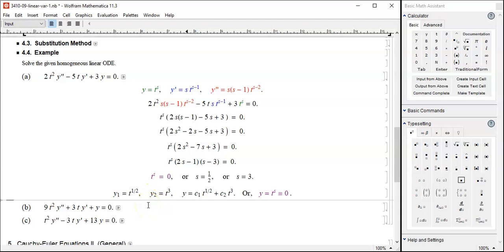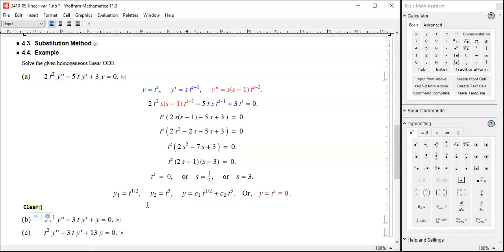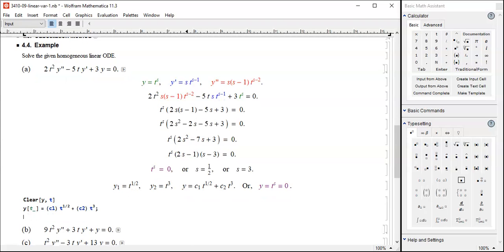By the way, let's check. y of t is c1 t to the 1/2 power plus c2 t to the 3rd power, right? Okay.